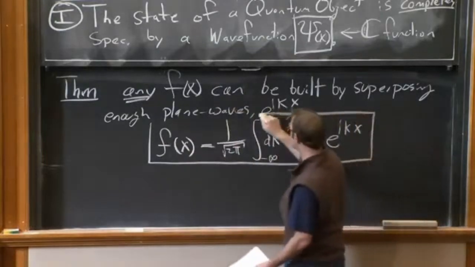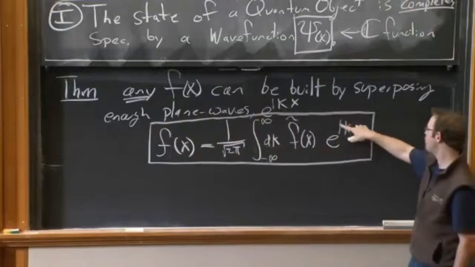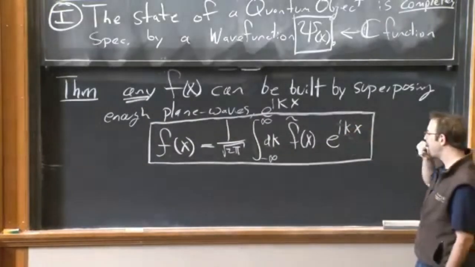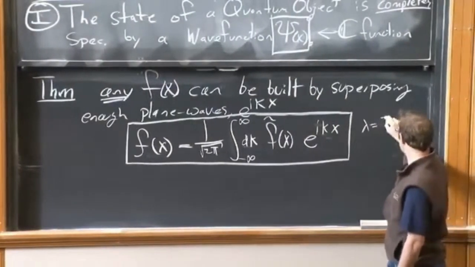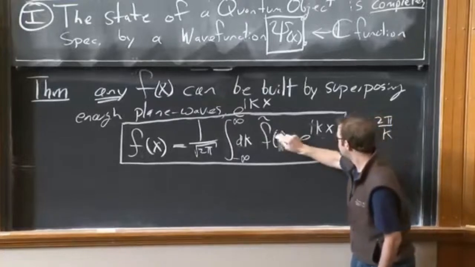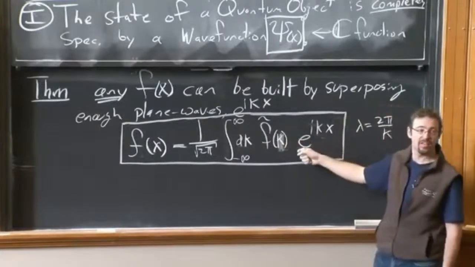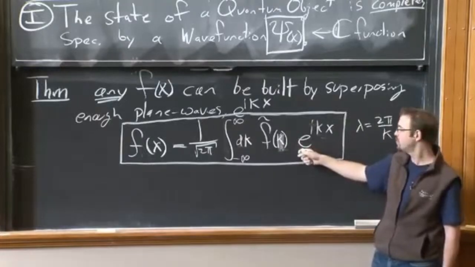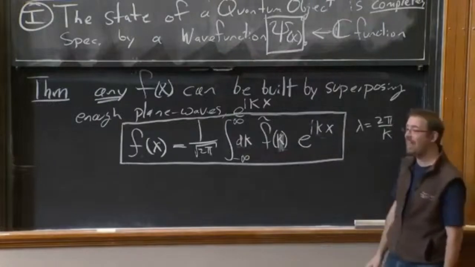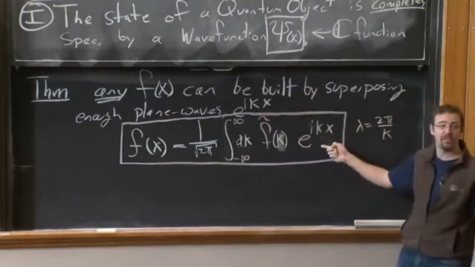So here we're summing over plane waves of the form e to the ikx. These are modes with a definite wavelength, 2 pi upon k. f tilde of k is telling us the amplitude of the wave with wavelength lambda or wave number k. And we sum over all possible values. And the claim is any function can be expressed as a superposition of plane waves in this form.